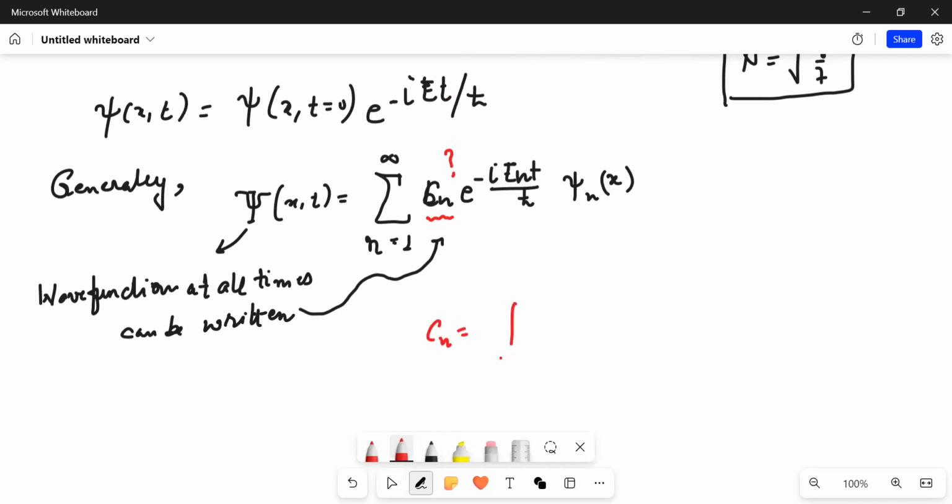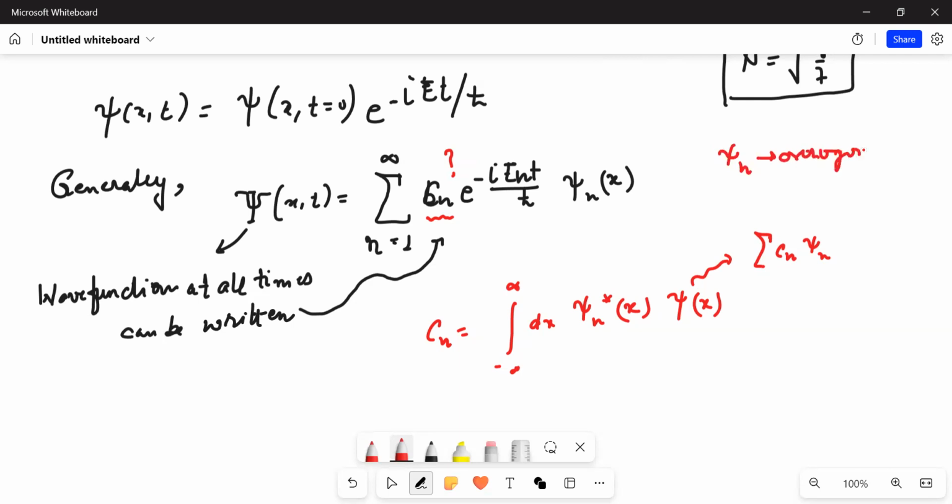Cn would be simply equal to the integral from minus infinity to plus infinity of psi n star (x) and psi(x). Because psi can be expressed as the sum of Cn psi n, and if these psi n are orthonormal to each other, then if I expand psi(x) in terms of Cn psi n, orthonormality requires that only the non-zero integral would occur if both indices are equal.